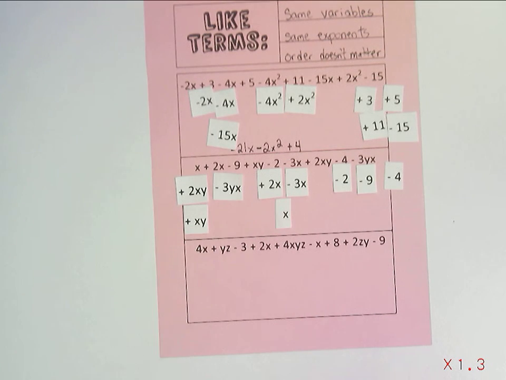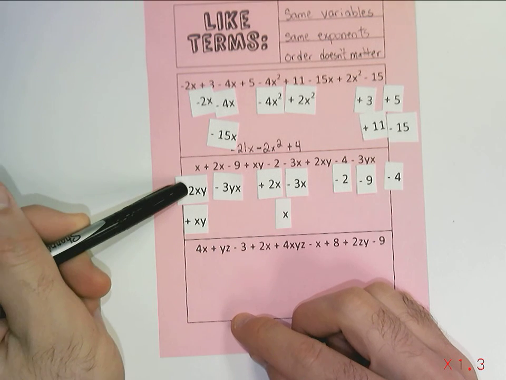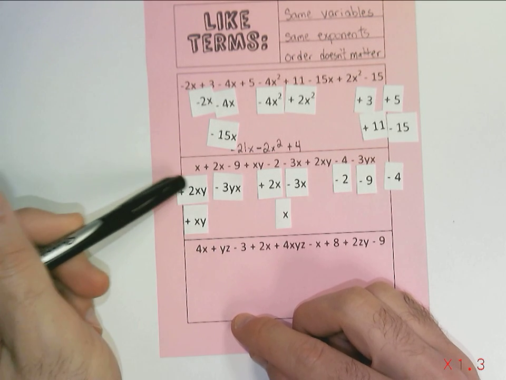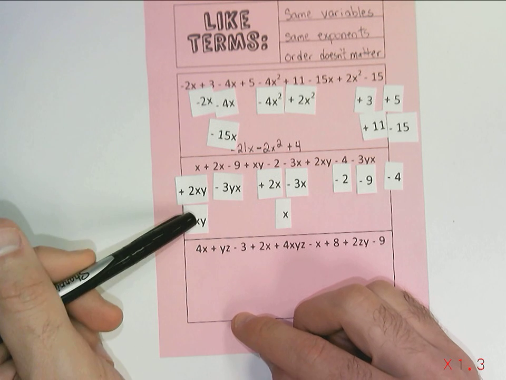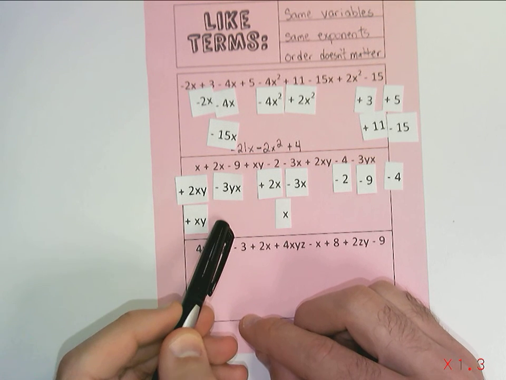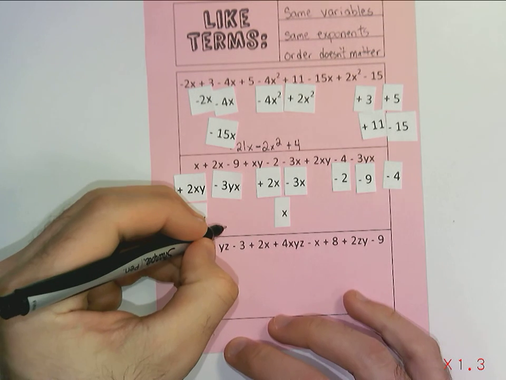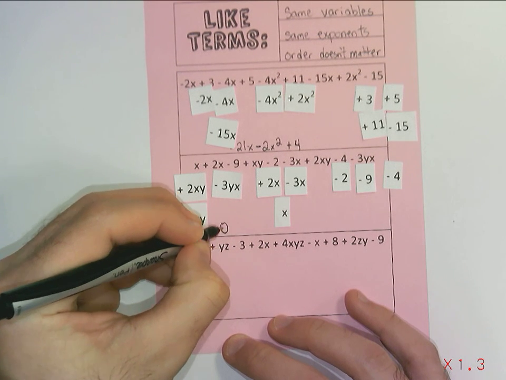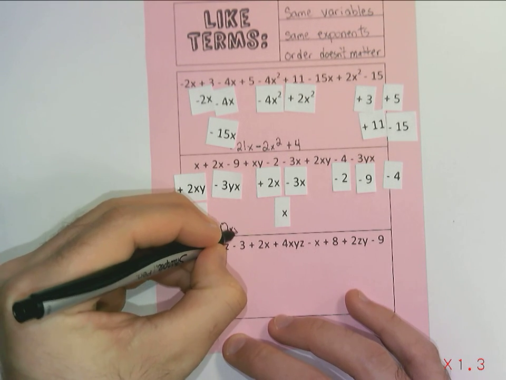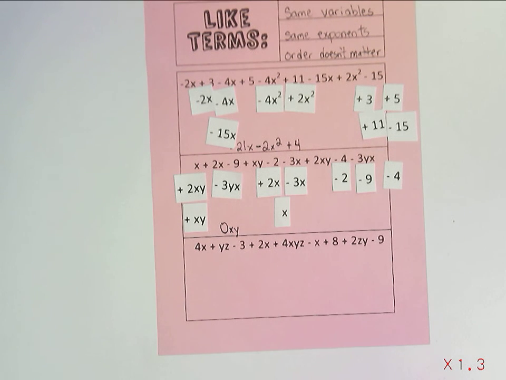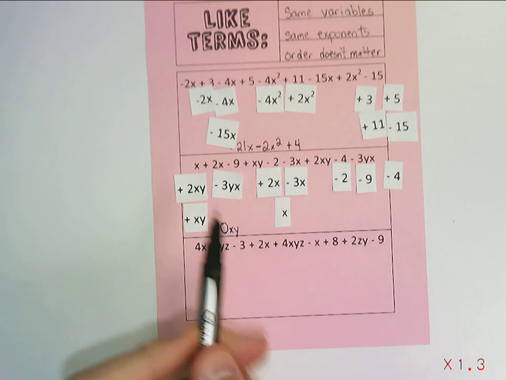So if I add these together, I'm going to look at 2xy plus xy first. That's 3xy. If I do 3xy minus 3yx, that gives me 0xy. So I'm going to write that down. Really, though, since it's 0, you wouldn't even need this term. But just for the sake of going through this the first time, I'm going to keep that term.